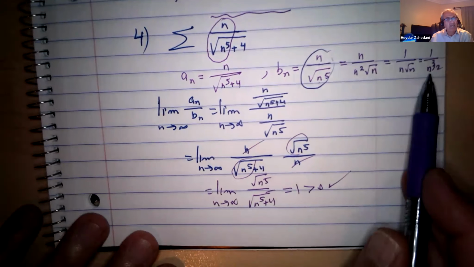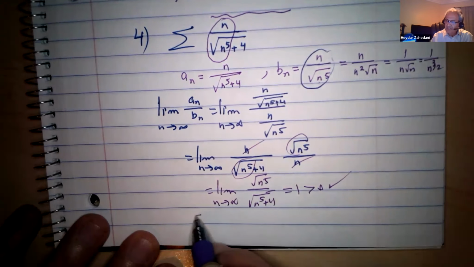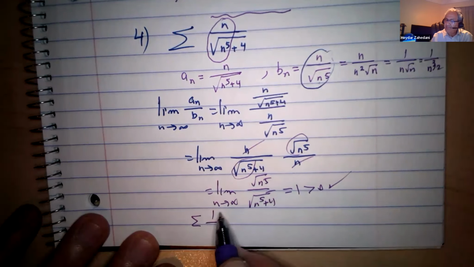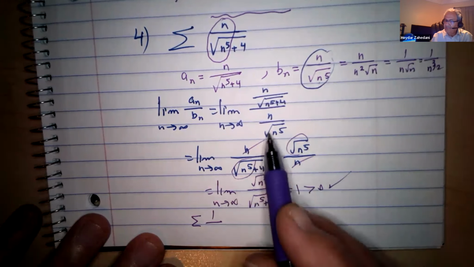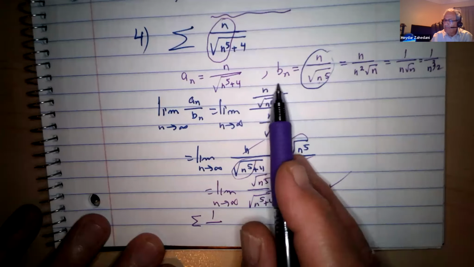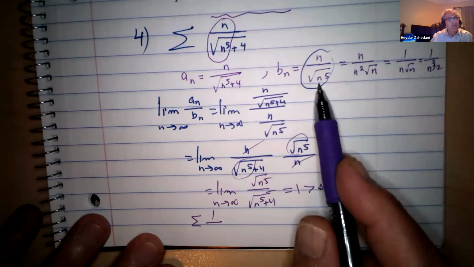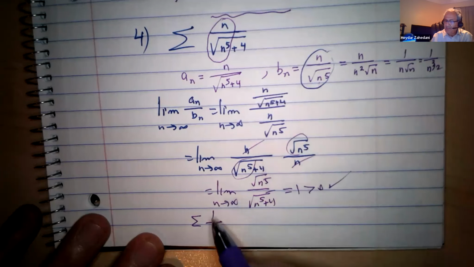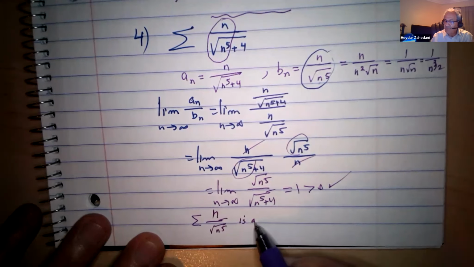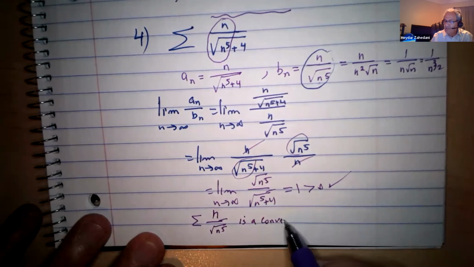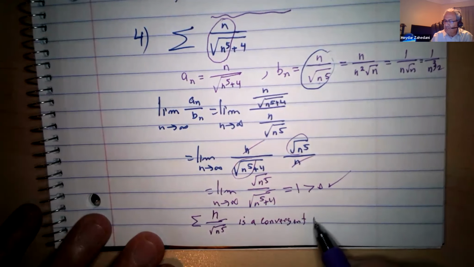The bottom series, as you know, is convergent. Say the sigma of n over n to the fifth is a convergent P series.